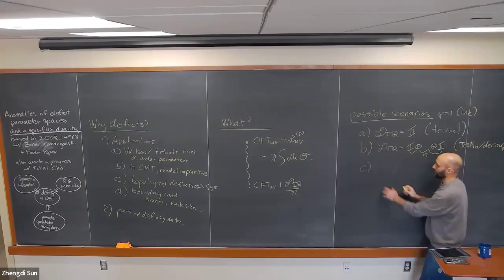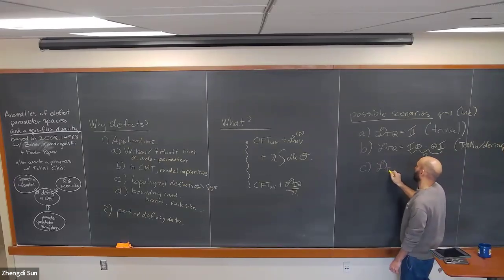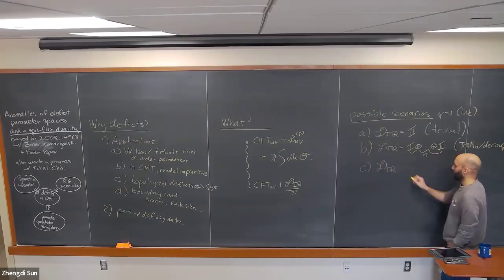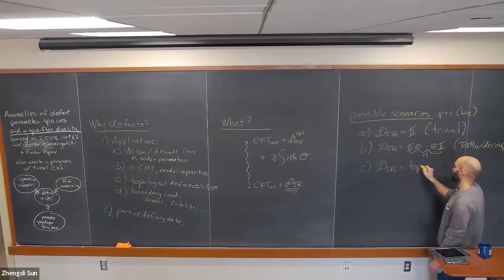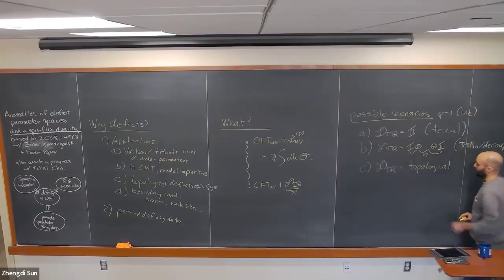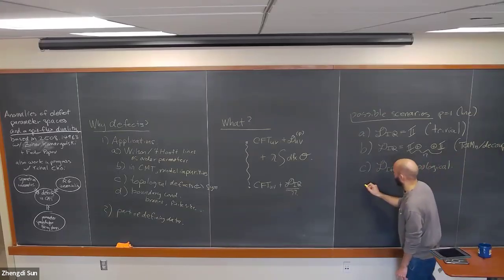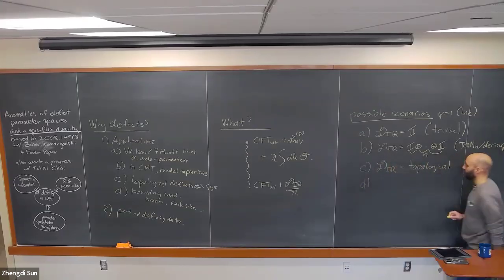Another scenario is that the line can become topological at long distances. In this case, it would generate some kind of emergent higher form symmetry, or maybe even a higher form symmetry that was there in the UV already.